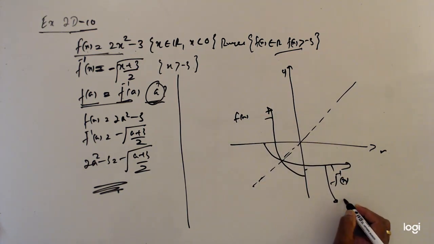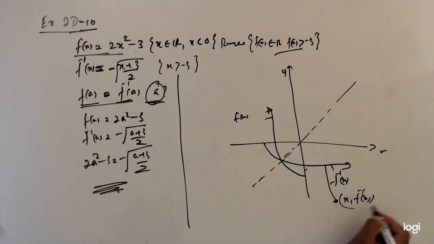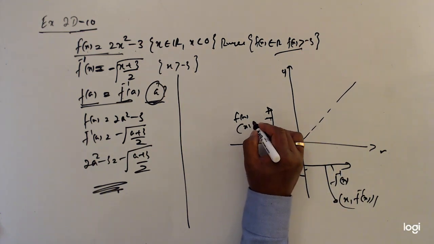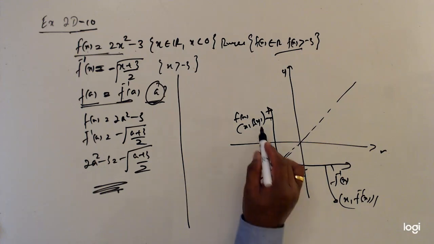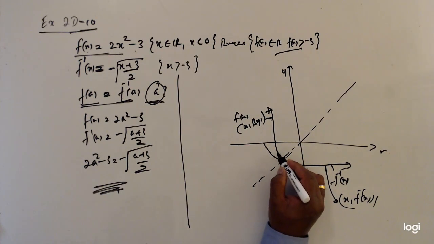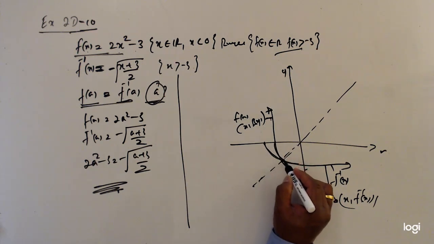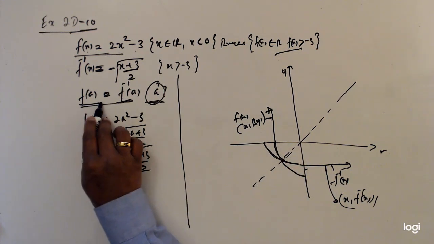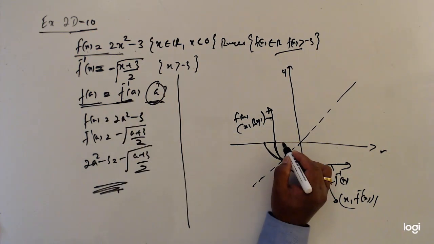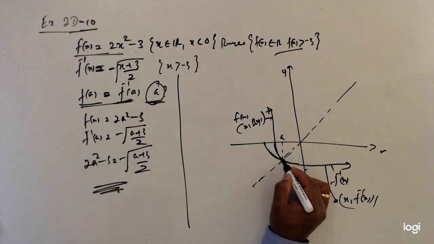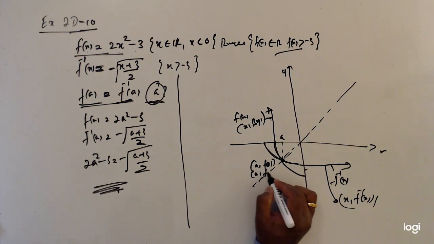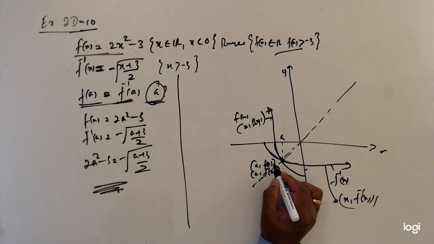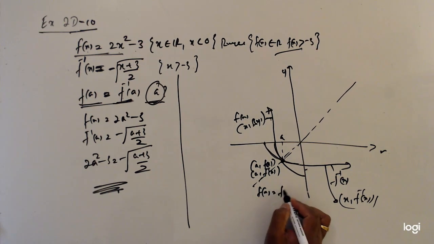If I get a coordinate here, this is (x, f inverse x), and this coordinate, if I take (x, f(x)). Now f inverse and f(x) are both the same at this intersection point. So that is the idea behind it. So f(a) = f inverse(a) for a given a. In here the coordinate is a, and you can write f(a), or you can write f inverse(a), because at that point f(a) and f inverse(a) are both the same.